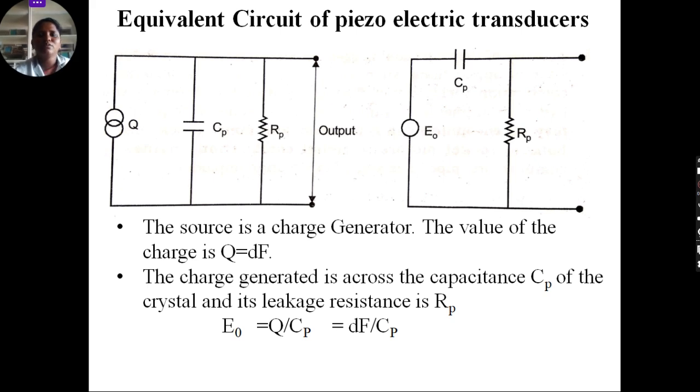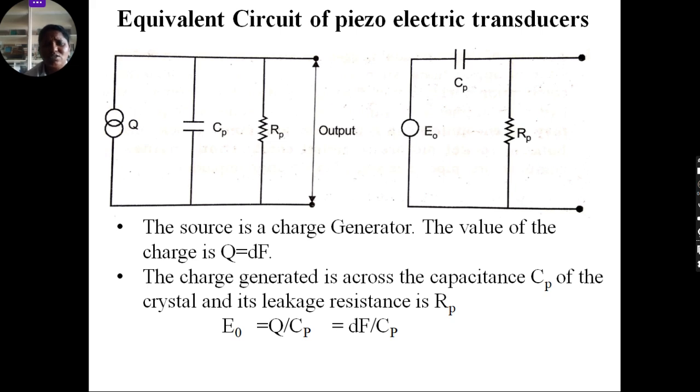Now the equivalent circuit of the piezoelectric transducer. The charge Q is applied to the parallel capacitance and parallel resistance, and the output voltage is obtained. CP and RP are connected, where CP is the parallel capacitance and RP is the parallel resistance.